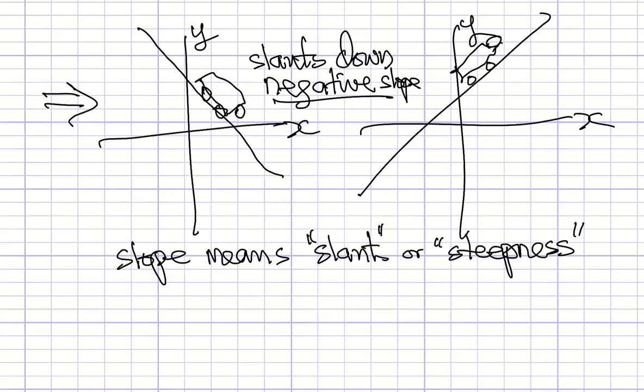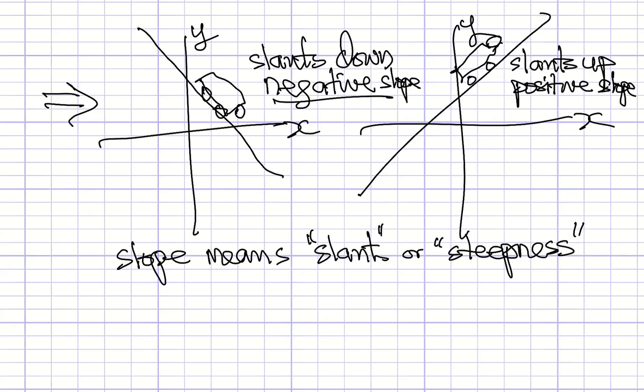The truck is going up a steep hill. Slants up, and it's called positive slope. Those are the terms they use: positive slope and negative slope. Just keep that in mind. Slanting down, looking from left to right, is negative slope. Slanting up is positive slope.